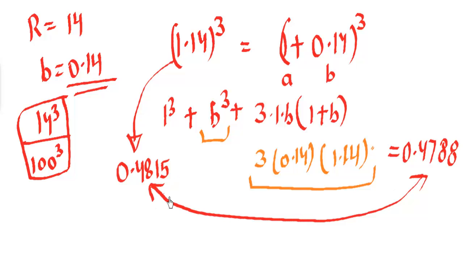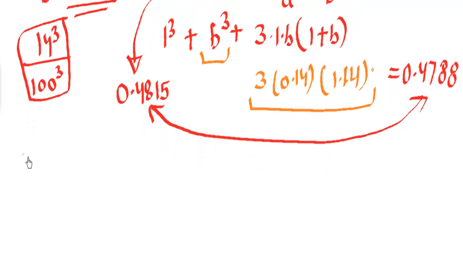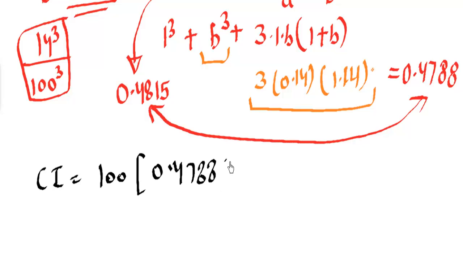So what I can do in the exam is calculate this 0.4788 and multiply it with my principal. Let's say in this question my principal were rupees 100. So my compound interest will be 100 into 0.4788.